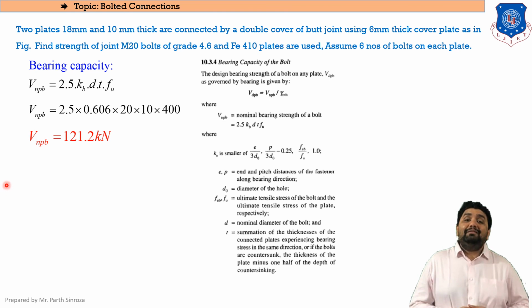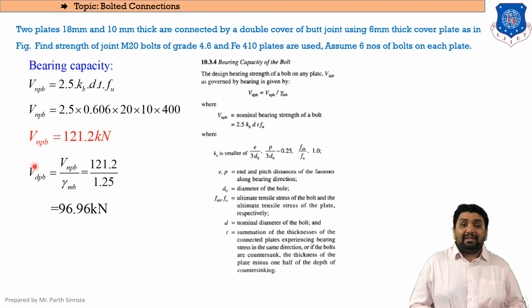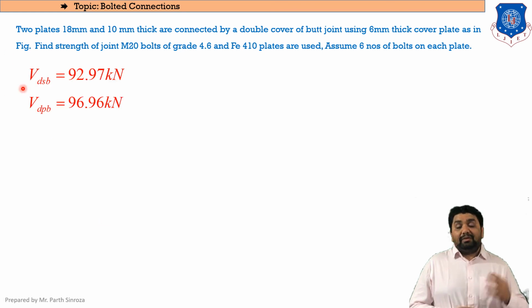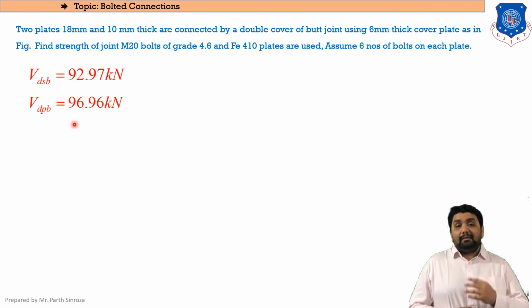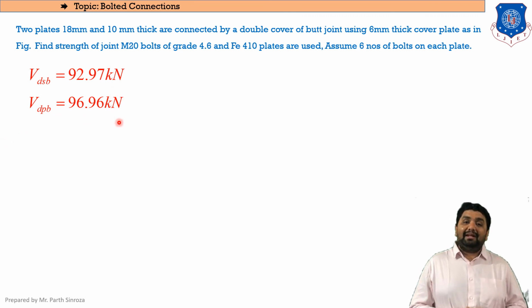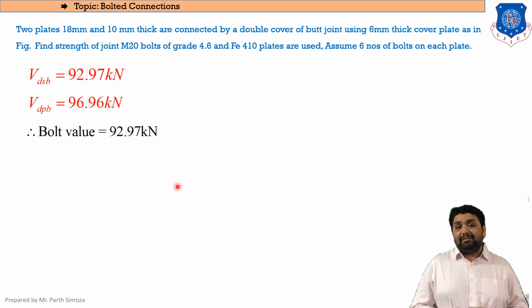So now we'll be finding VDPB, and the equation for VDPB will be VNPB upon gamma MB. So the final answer is 96.96 kilonewton. Now taking a summary of all these things, the VDSB, the shear capacity, was 92.97 and the bearing capacity comes out to be 96.96. So out of these two, the smaller value will be 92.97, that will be our bolt value.